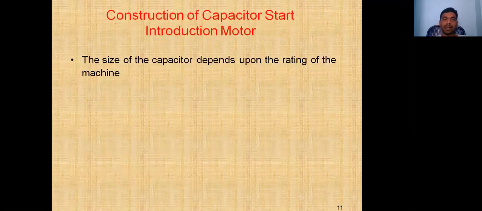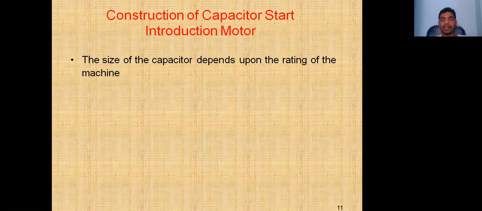The size of the capacitor depends on the rating of the machine. So the capacitor of a capacitor start motor depends on the rating of the machine.